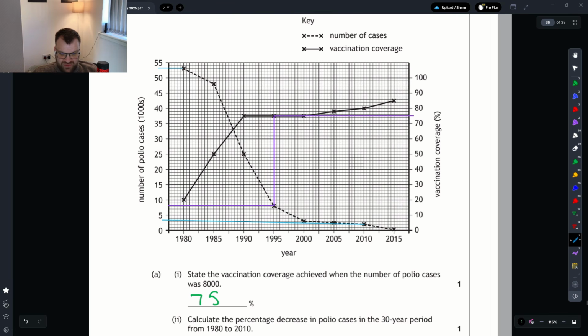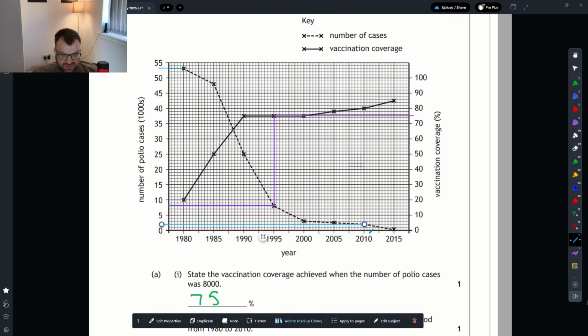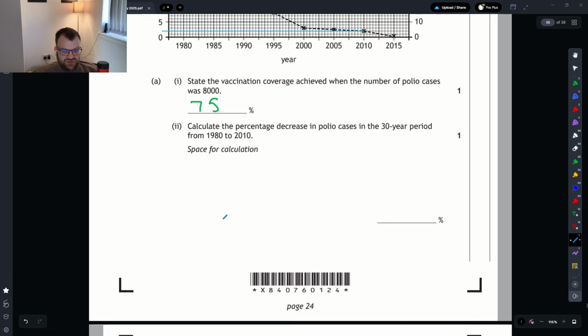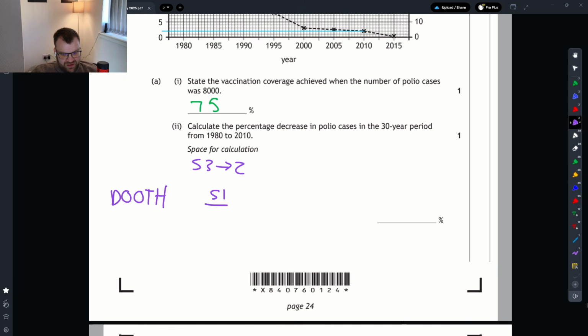And again, make sure I'm going the right one. That's looking like a 2. So 53 to 2. And we want to do difference over original times 100. Take them away, 51. At the start of the period, it was 53. Times it by 100, turn it into percentage. And to one decimal place, round to 96.2.